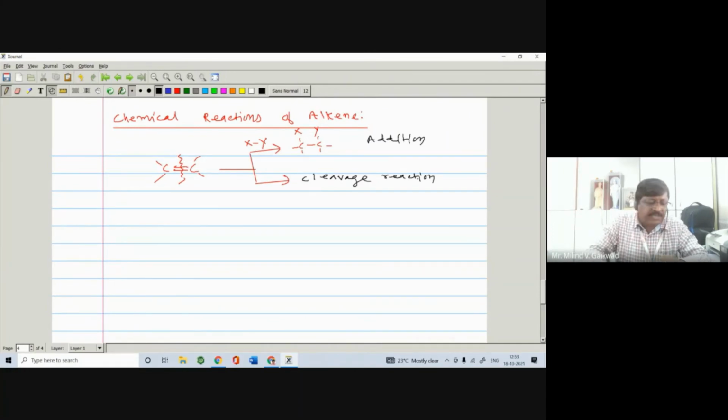So let us see firstly one reaction, that is the addition reaction in the chemistry of the carbon-carbon double bond, alkene. Addition reaction. Right?